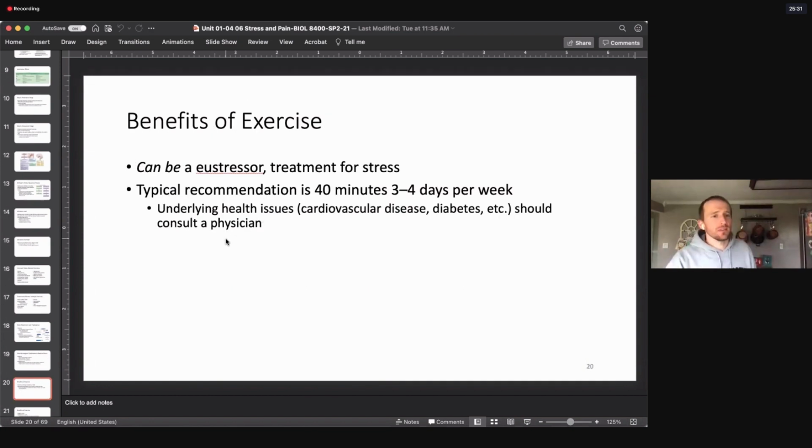Now, one thing, and I would argue there's a lot of personal preference and individuality here, is the use of exercise as a eustressor. I say in italics that exercise can be a eustressor. It can be a positive.